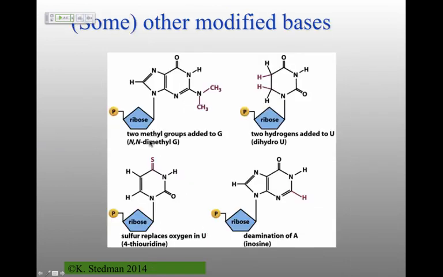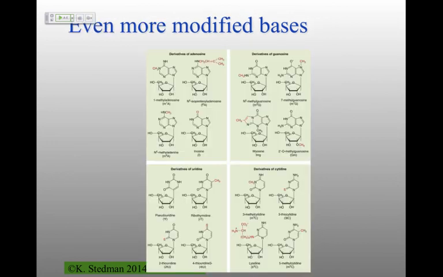Some of the other modified bases are methylguanine, dihydrouridine. Also, in some cases, you have sulfur. Here's our inosine, which is basically an adenine missing that NH group right here. And so this now allows it to base pair with multiple different nucleotides.